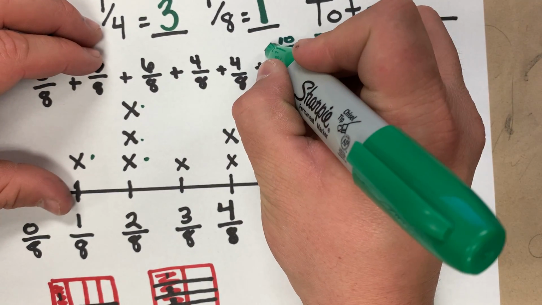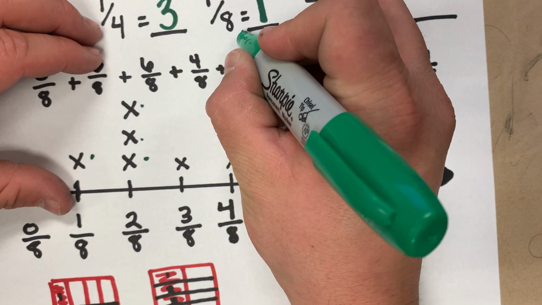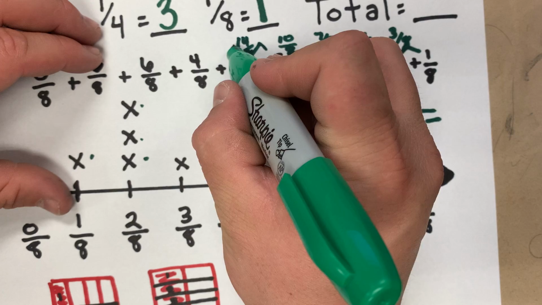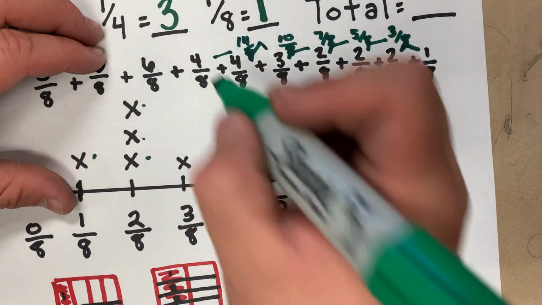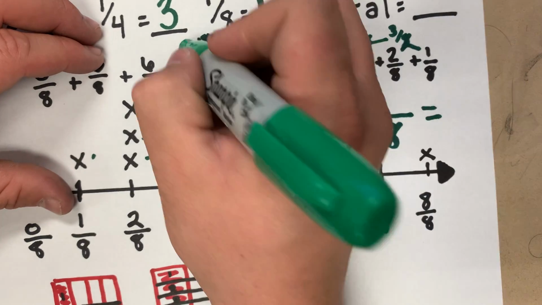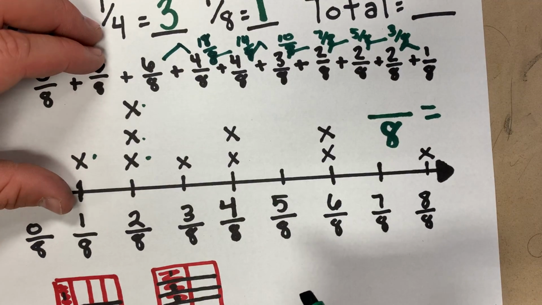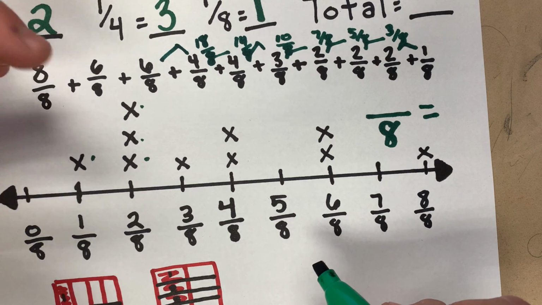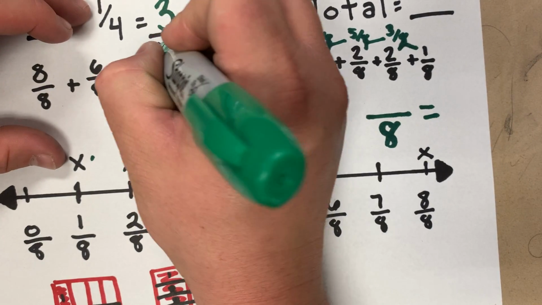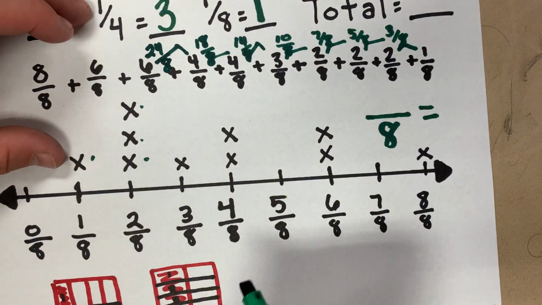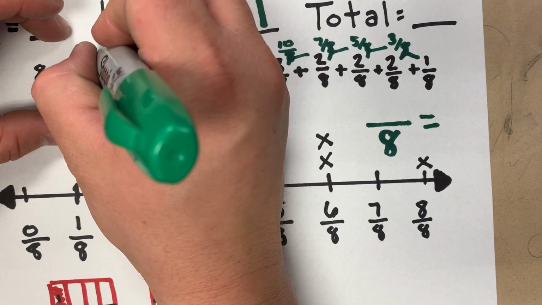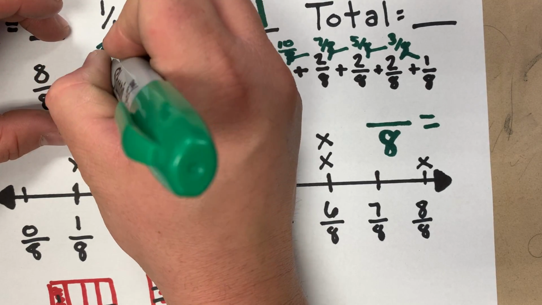So now 10/8 plus 4/8 equals 14/8. 14/8 plus 4/8 is 18/8. 18/8 plus 6/8, a little bit trickier, so 6 would be 24/8. 24/8 plus 6/8 is 30/8.